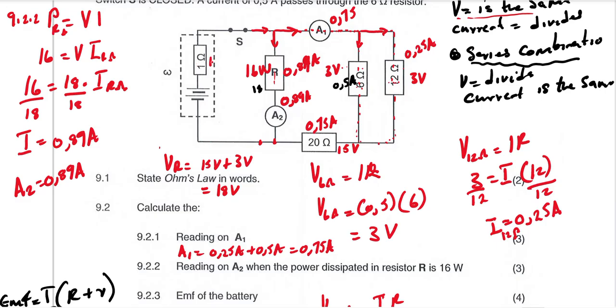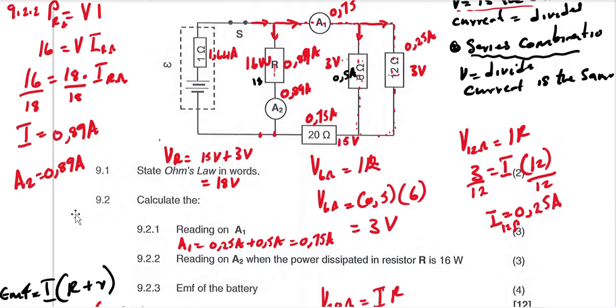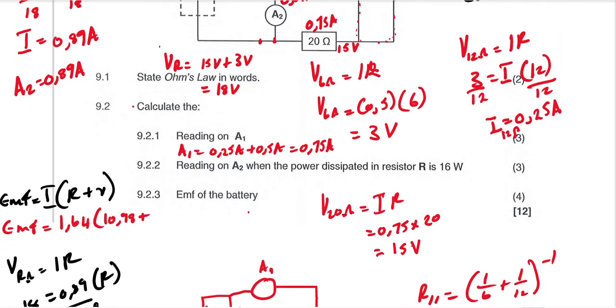And then here we have 1.64 A. Then our voltage here. What's our R? Our R is 1. Okay, our E will be 1.64 multiplied by 10.98 plus 1.